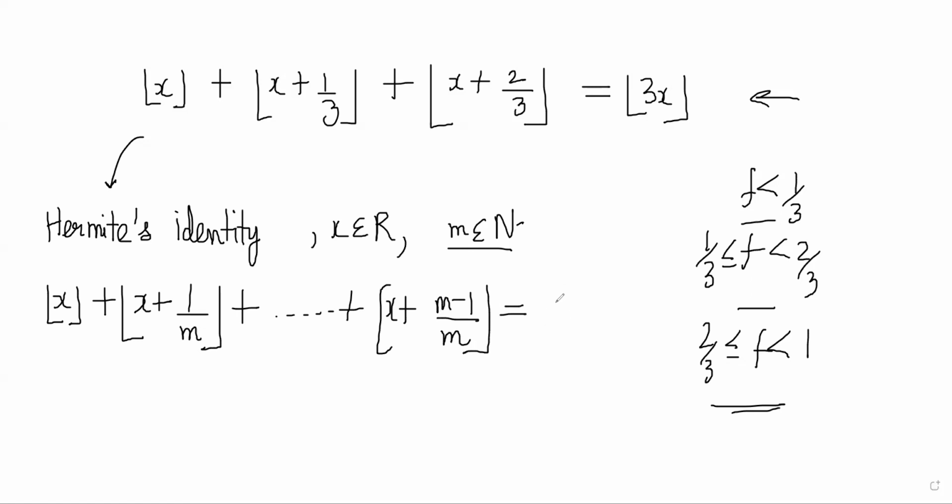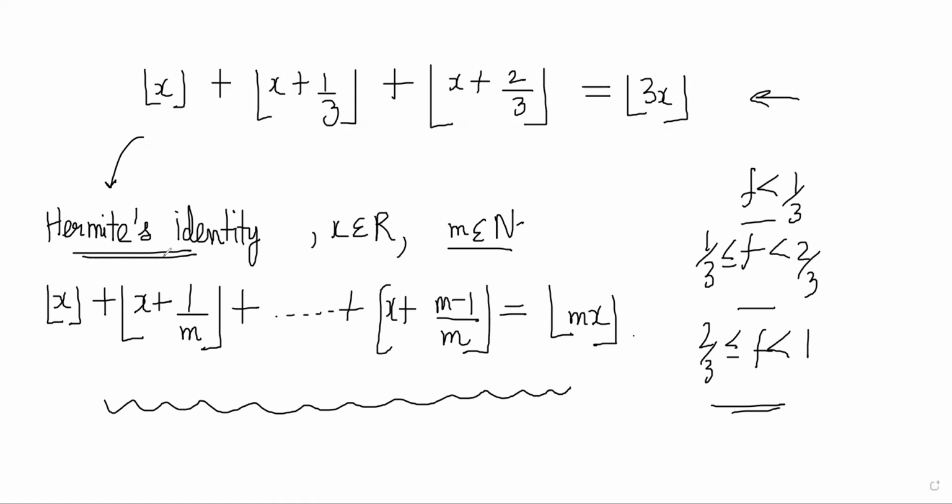That is equal to the GIF of mx. That is the extension of what we have just now done for the case where m was 2 and m was 3, right? So this is Hermite's identity. You should know this one as well.